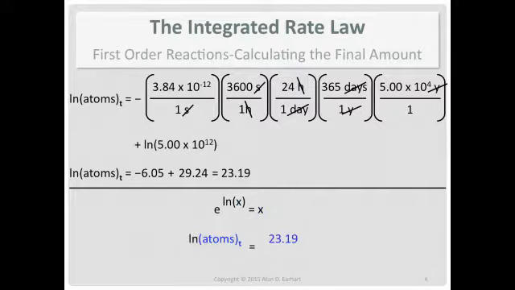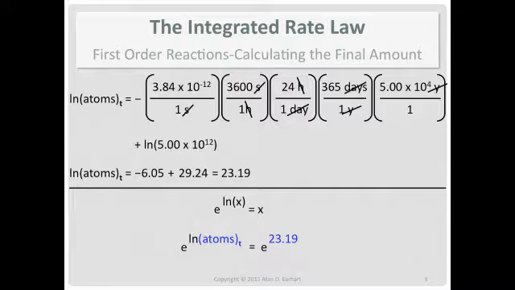Let's take our natural log of atoms at time t is equal to 23.19, and we'll take e to that. Now remember in math, whatever you do to one side, you do to the other side.